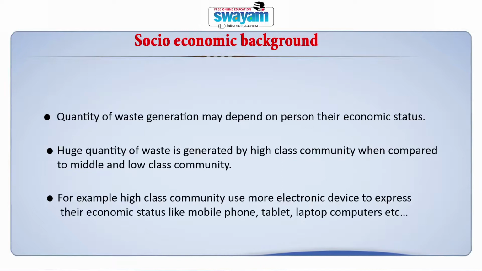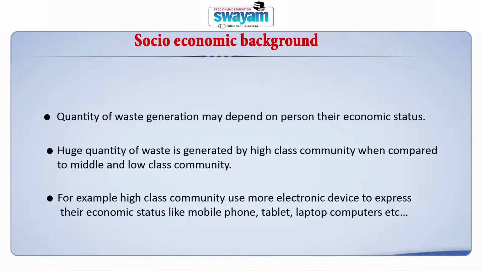The next factor is socio-economic background. Socio-economic background is nothing but the economic status of an individual, a country or a locality. The quantity of waste generation is high in a high class community when compared to a middle or low class community, because in a high class community they keep changing things as it becomes a status symbol.